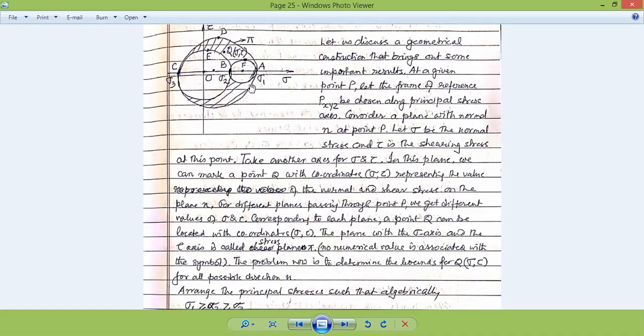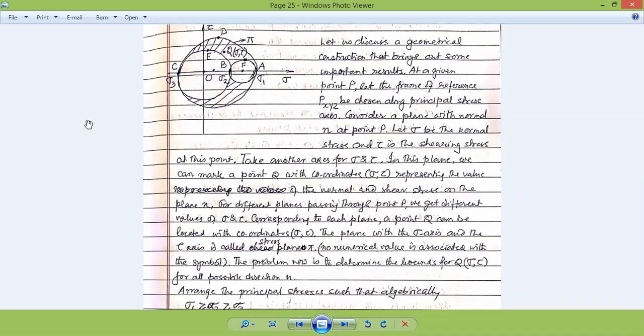This length varies and gives you the value of normal stress. The associated normal stress is sigma 1 plus sigma 3, this length plus this length divided by 2, from here.